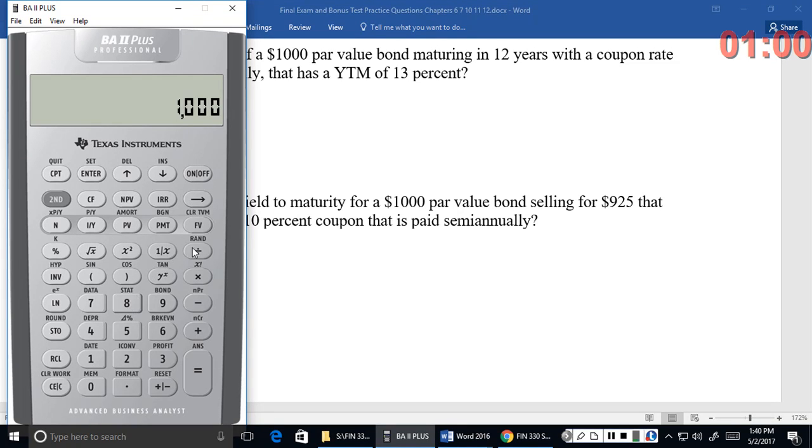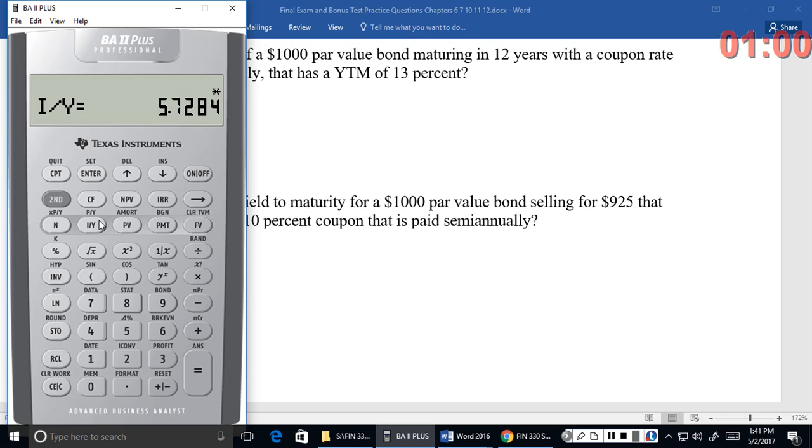So 1,000 was the future value, negative 925 was the present value. What did we say? 16 is N, and 50 is the payment. Compute I/Y. Now, when you compute this with a semi-annual interest payment bond, this is the 6-month interest rate, okay?